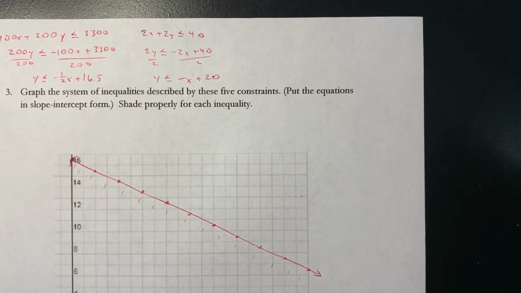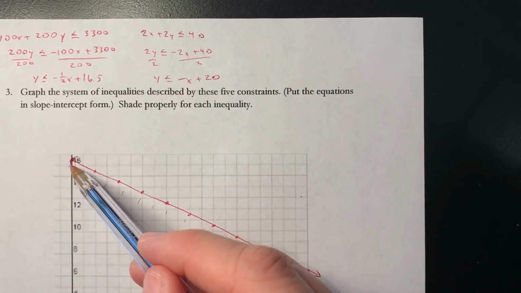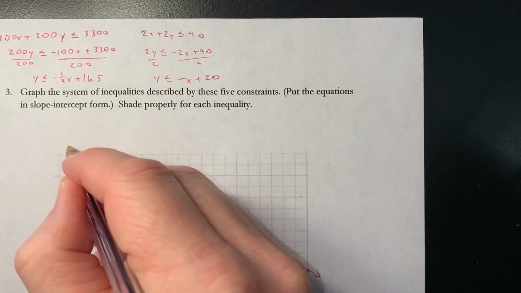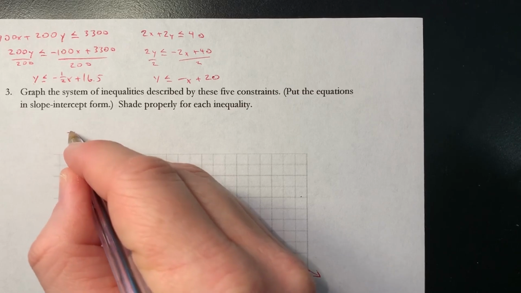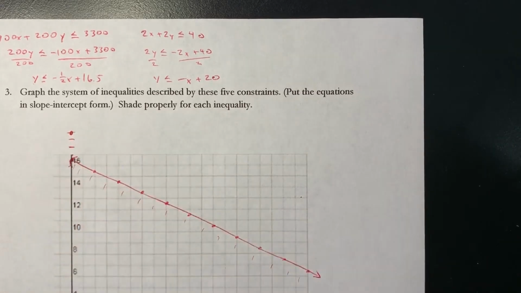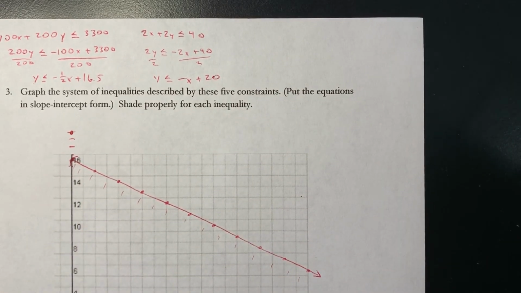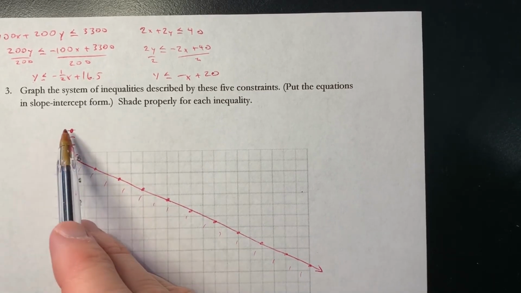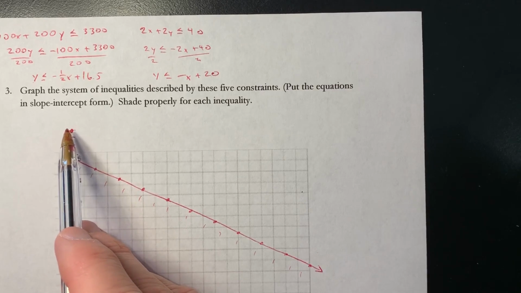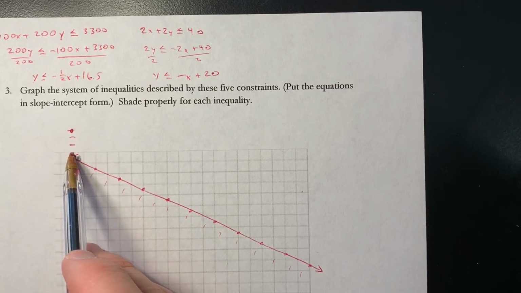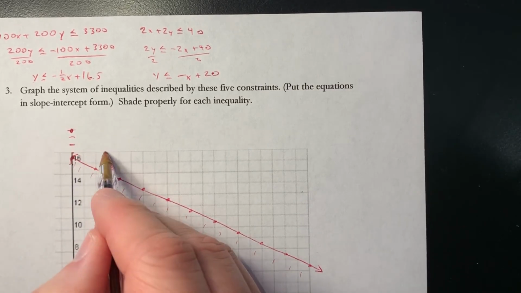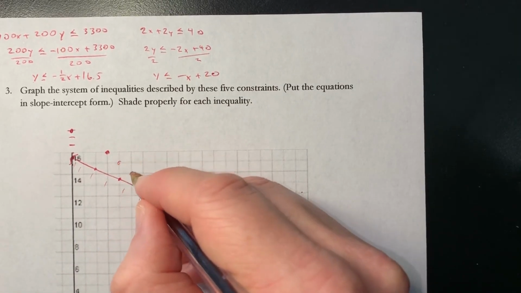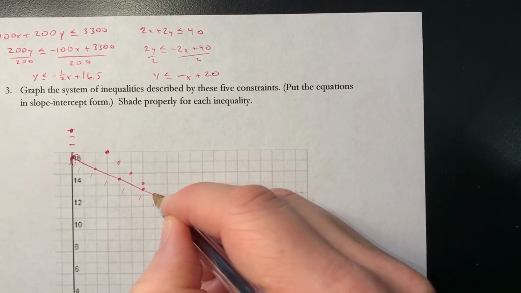Okay, so this is 16, 17, I'll go 18, 19, 20. Okay, so there's our y-intercept, and the slope is negative 1, so that's down 1, right 1. I'm just going to go down 3, right 3 to get onto the grid. From there, I can just go down 1 and right 1.